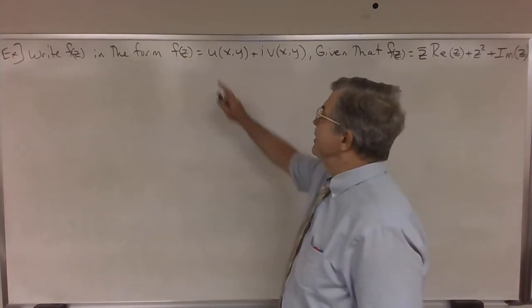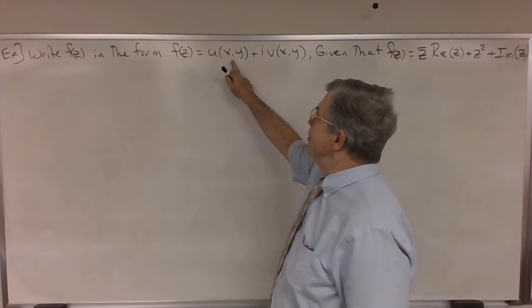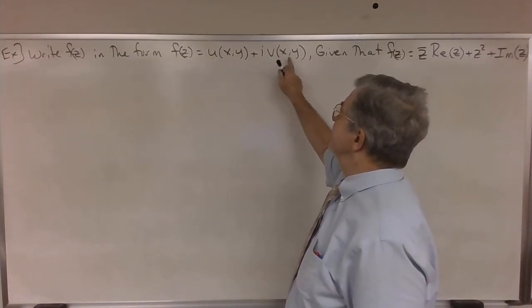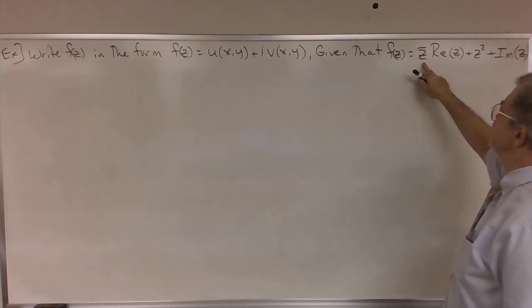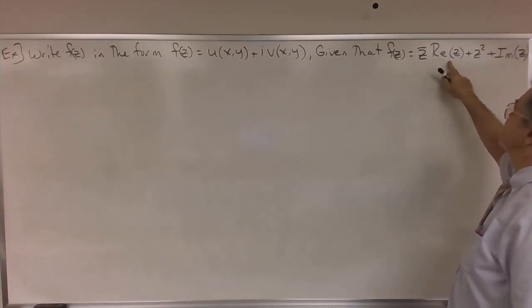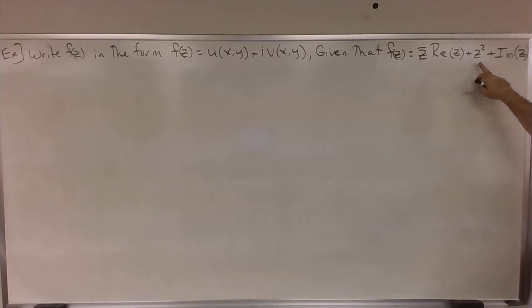Another example. Write f of z in the form of u of xy plus i v of xy, given that f of z is equal to z conjugate times the real part of z plus z squared plus the imaginary part of z.